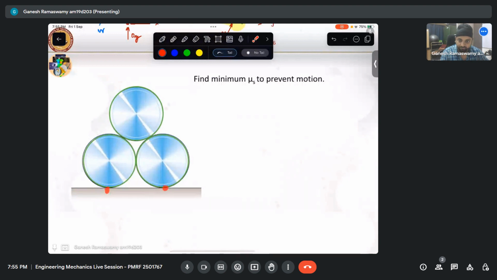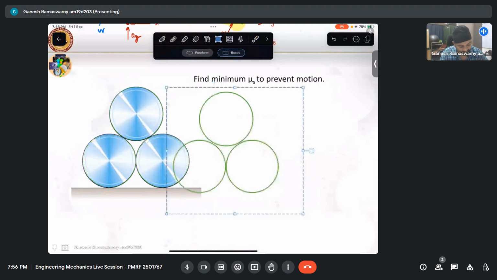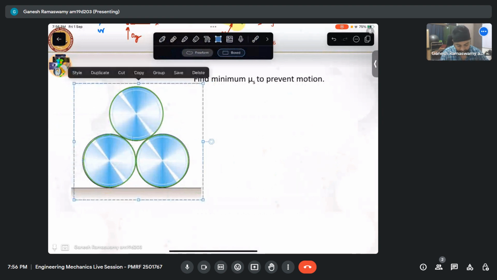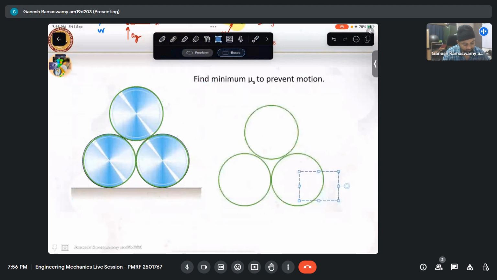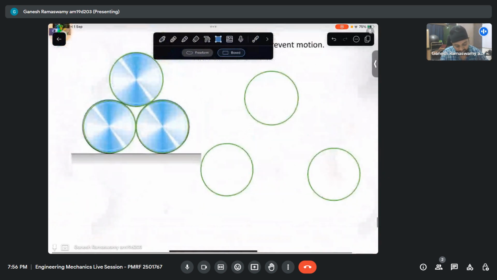So if we go about solving this, we take this free body diagram. Actually, this should be touching. This is touching actually. Okay. Now if I go about solving this, I can take this body here. Now I know that in this configuration, initially this will try to move down like that.